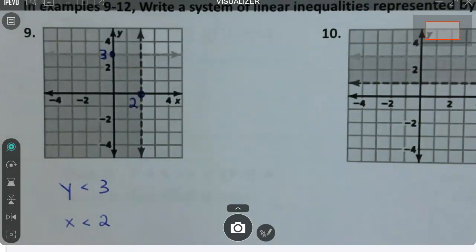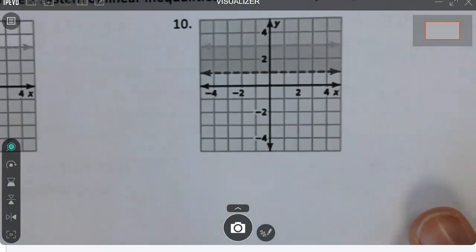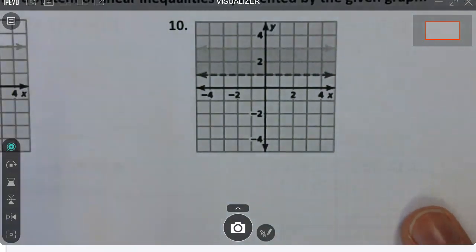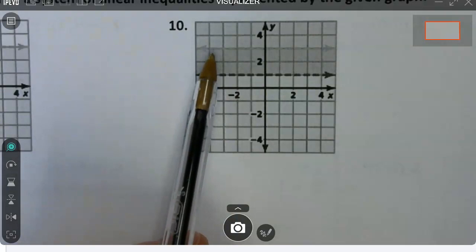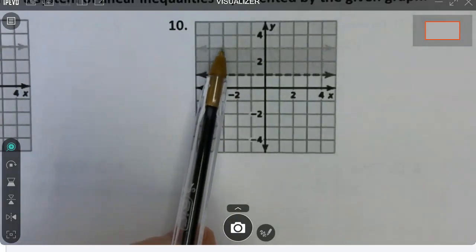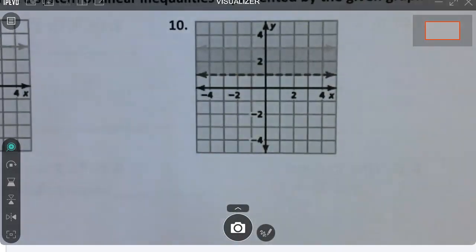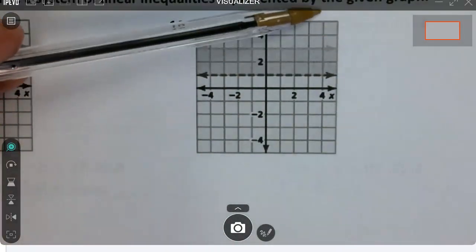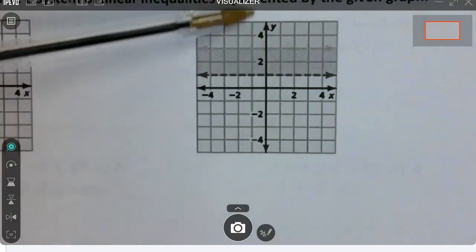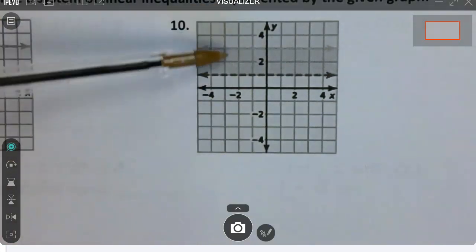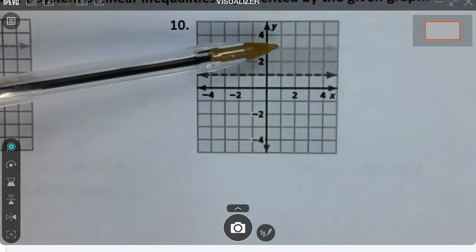Okay, number 10. Now you look over here. This lighter one's a little hard to see. It is dashed. You can see the dashes, but I know it's a little difficult, but they are both dashed. And then what we have is they're shading over this entire graph. Well, how could there be shading over the entire graph?